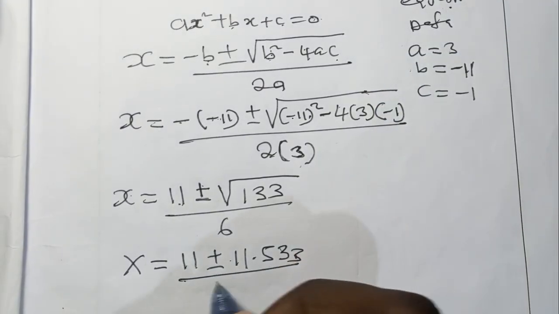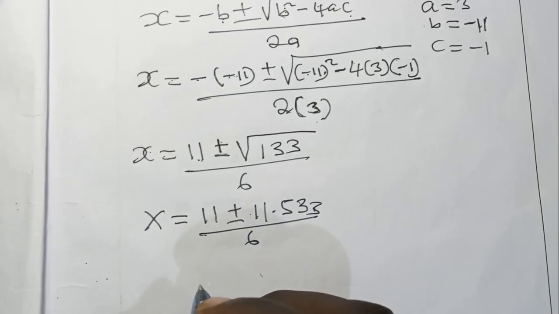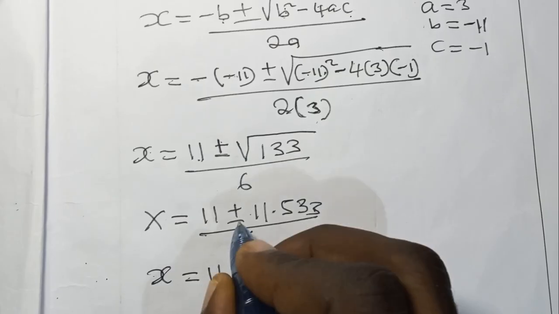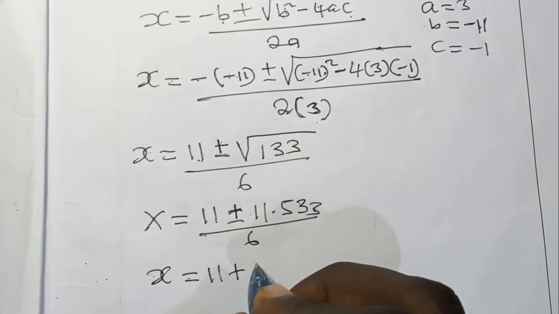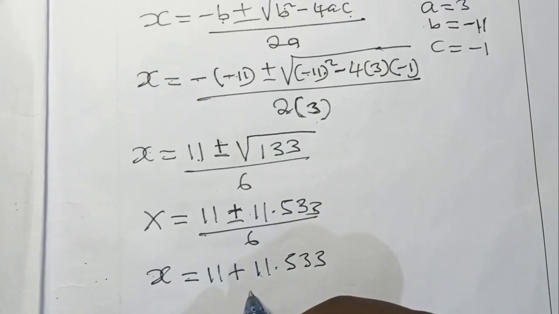All over 6. Then we have two answers. The first answer will be 11 plus 11.533 over 6.